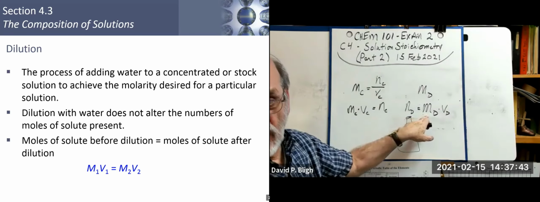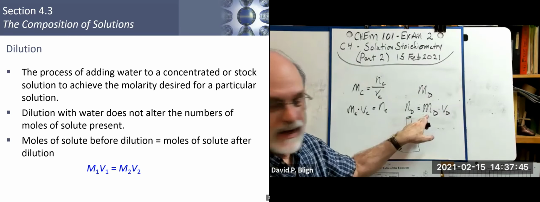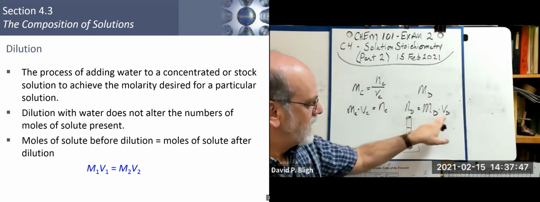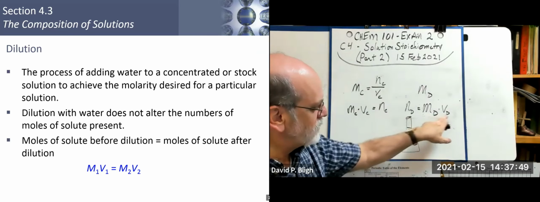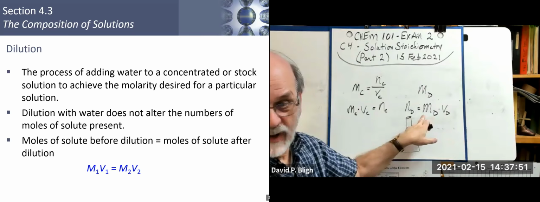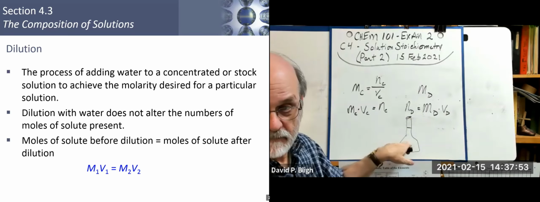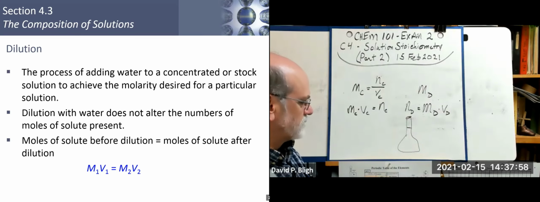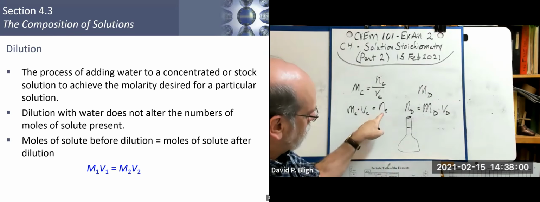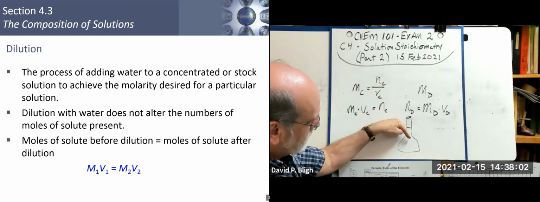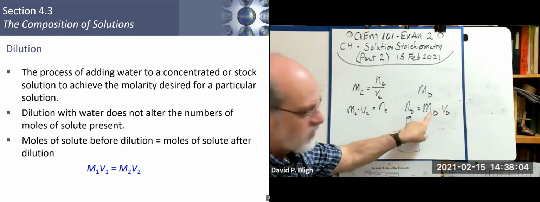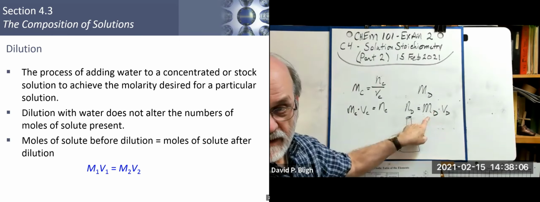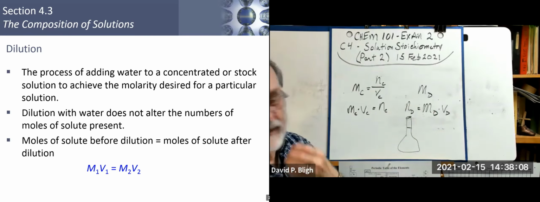This is the new molarity that we want, the diluted molarity. And this is the volume of that new molarity that we're going to dilute it to. So we're going to take this many moles, put it in here, dilute it to that volume so that we can get this concentration. Well, what do these two equations have in common?